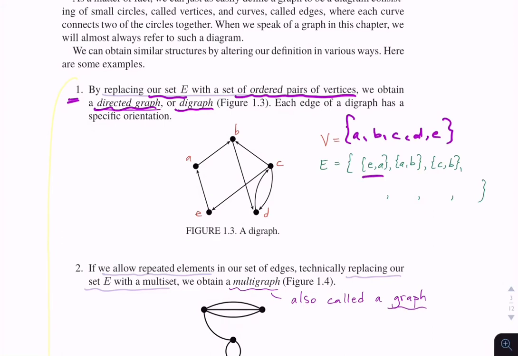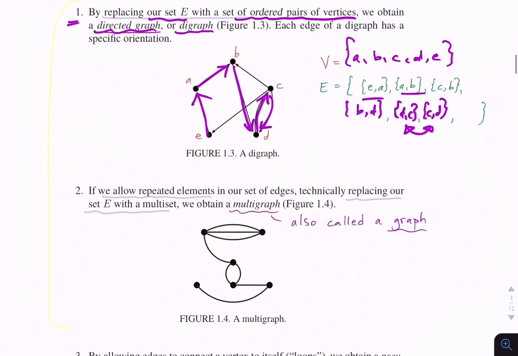So we have the edge from A to B. We also have B to D, and then D to C, and C to D are different from the edge from D to C.